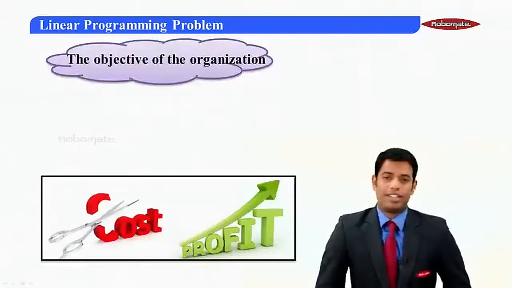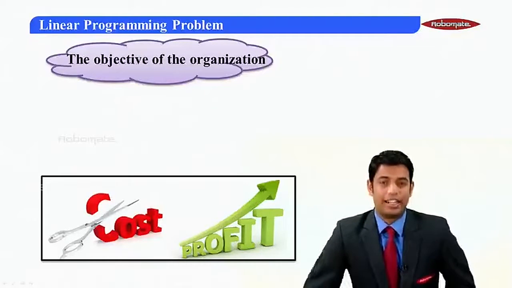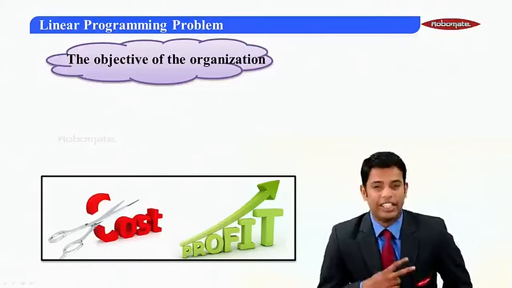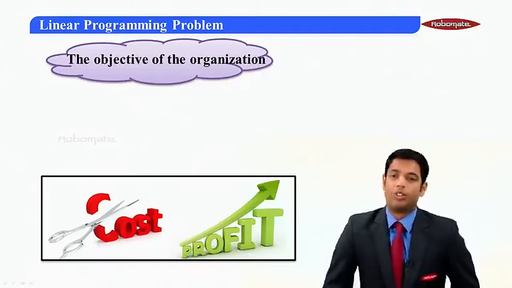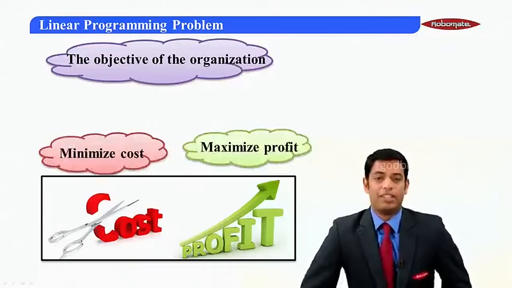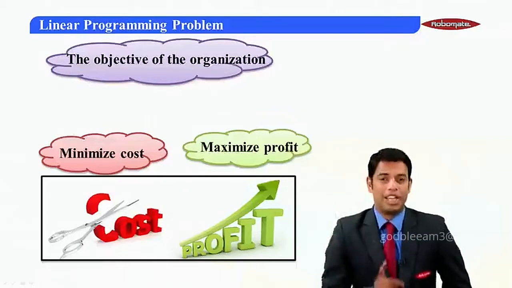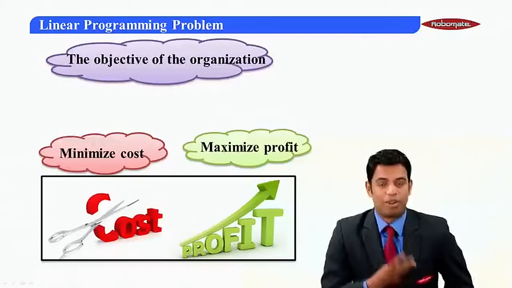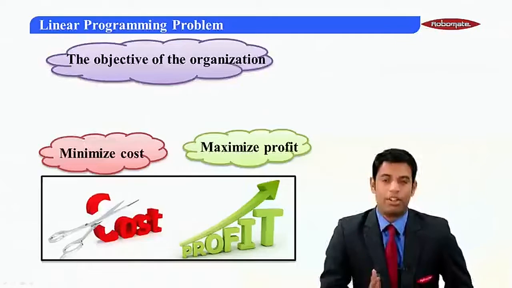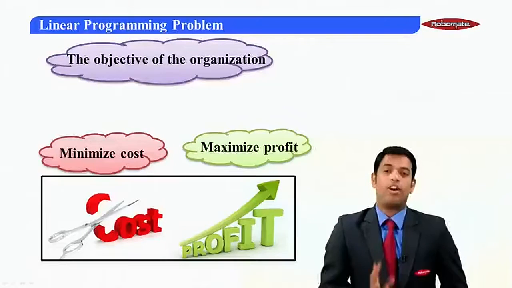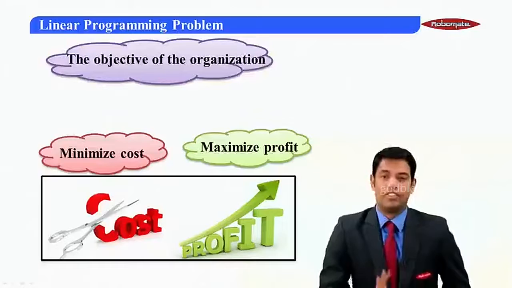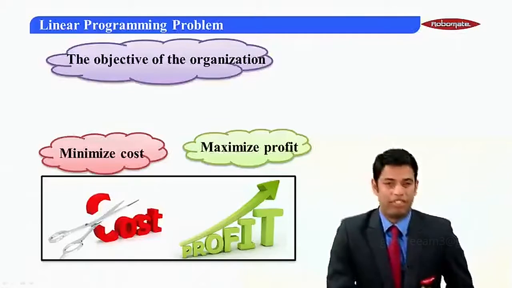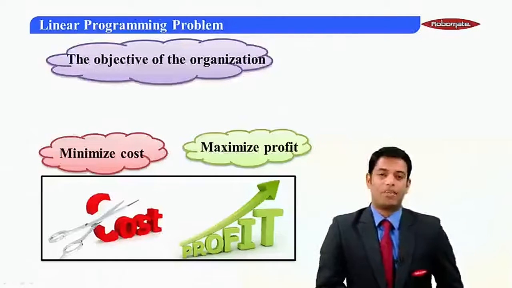It deals with two things: cutting the cost and increasing the profit. So objective of the organization means minimizing cost and maximizing profits. Students, remember always, whenever we have an objective of cost, we need to minimize it, and whenever we have an objective of profit, we need to maximize it.